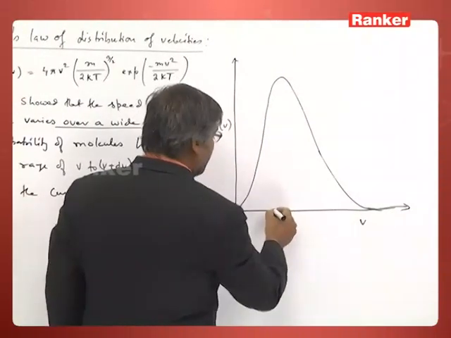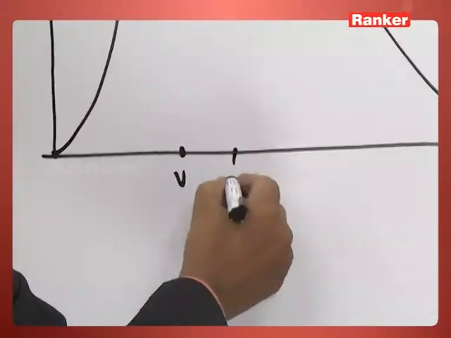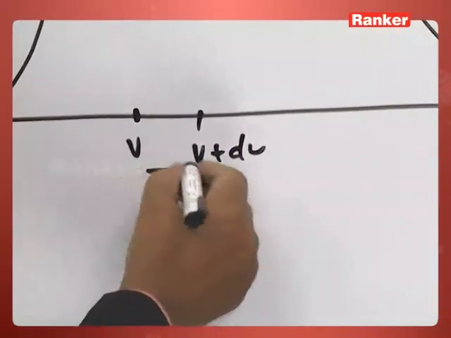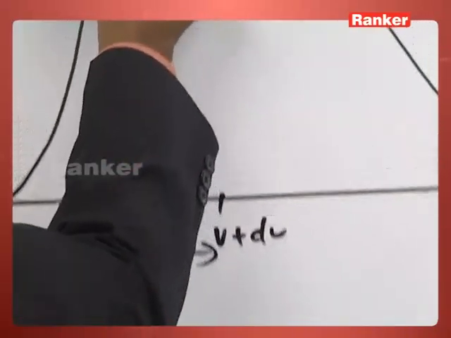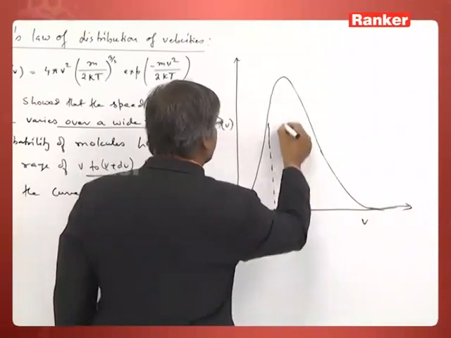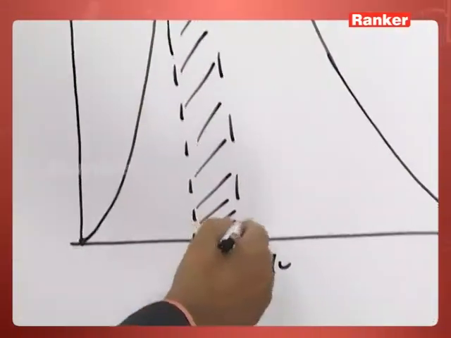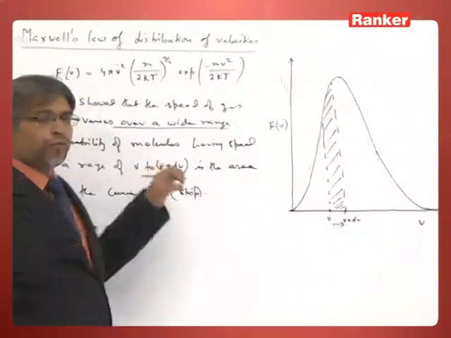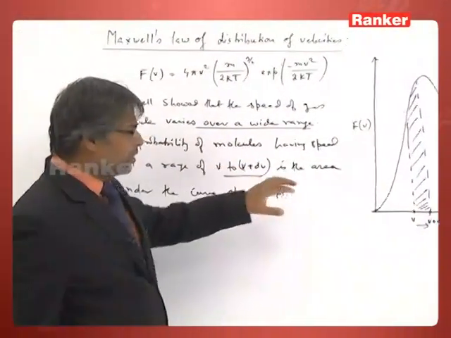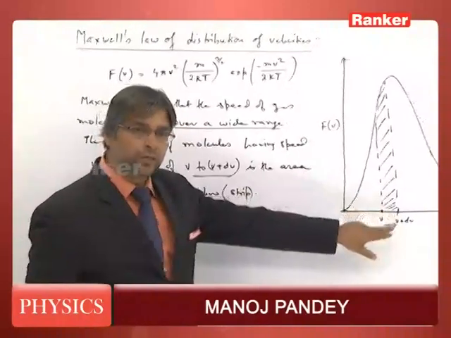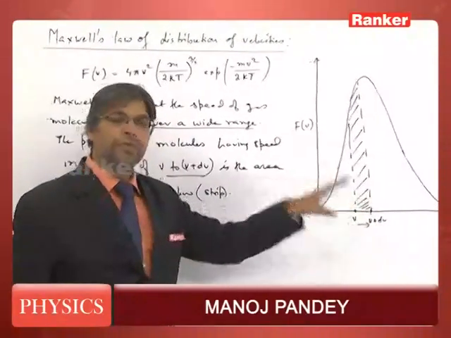So if we have velocity v here and this is v plus dv, so this is dv, then the area within this strip gives the fraction of molecules whose speed lies between v and v plus dv.